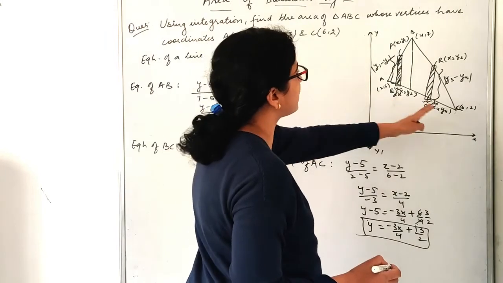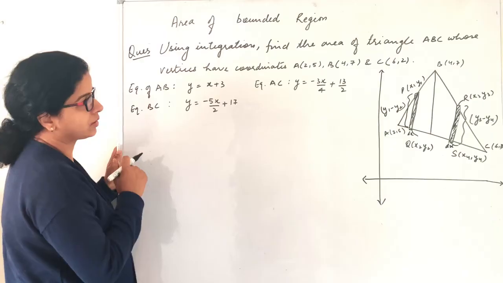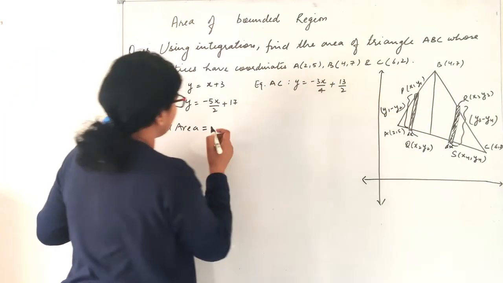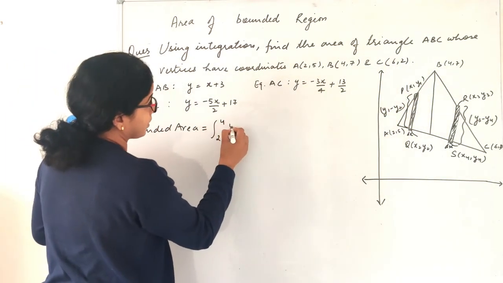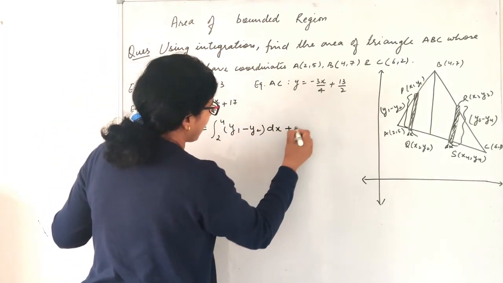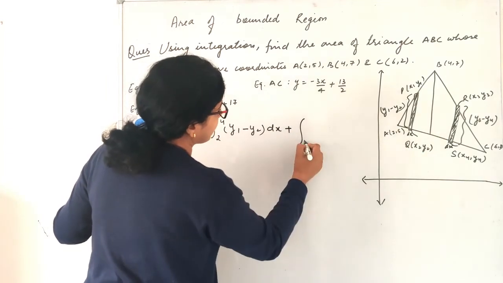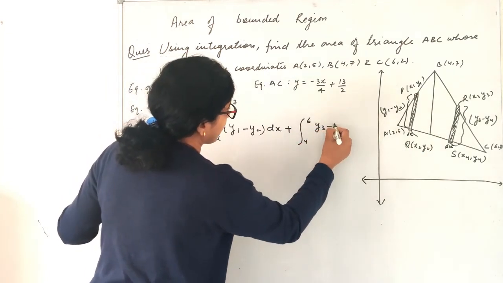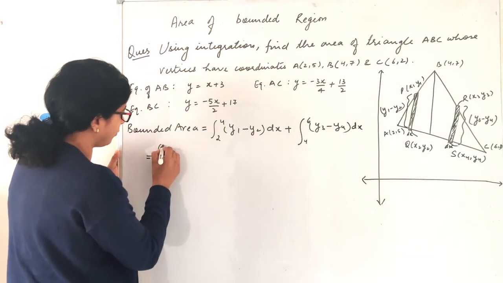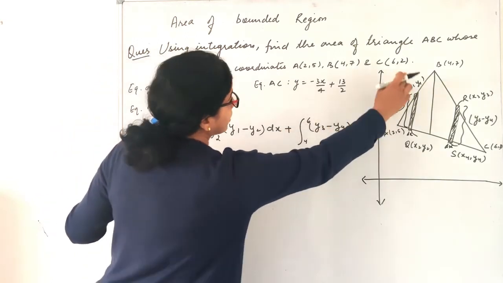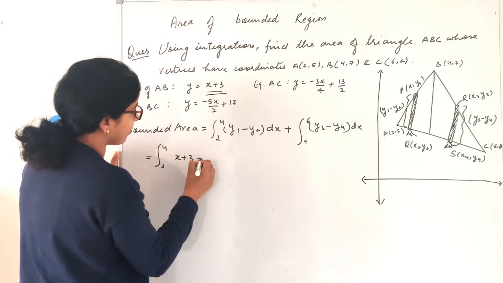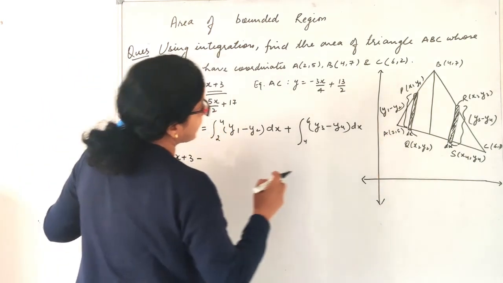Okay. So let us find the bounded area now. So look here. The bounded area is the integral from 2 to 4 of (y1 minus y2) dx plus the integral from 4 to 6 of (y3 minus y4) dx, right? Now for 2 to 4, y1 lies on the line AB, so on the line AB, y1 is x plus 3, minus y2, which is on line AC.